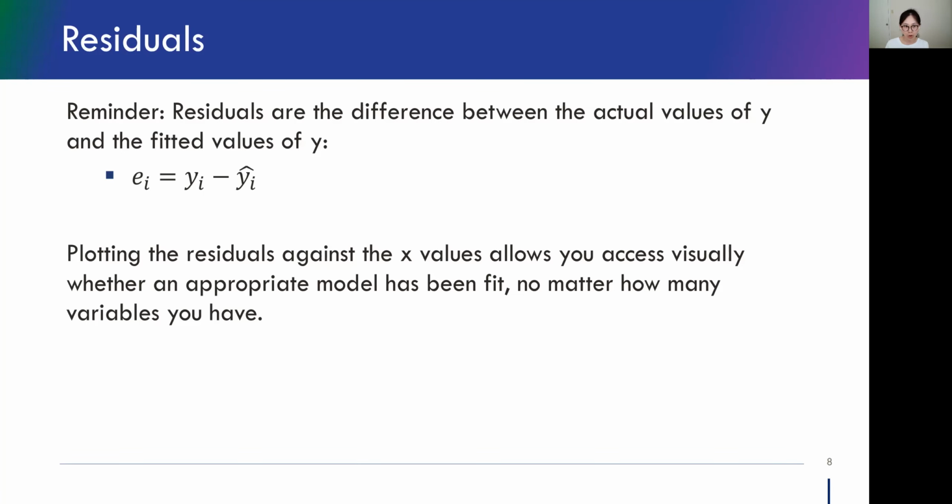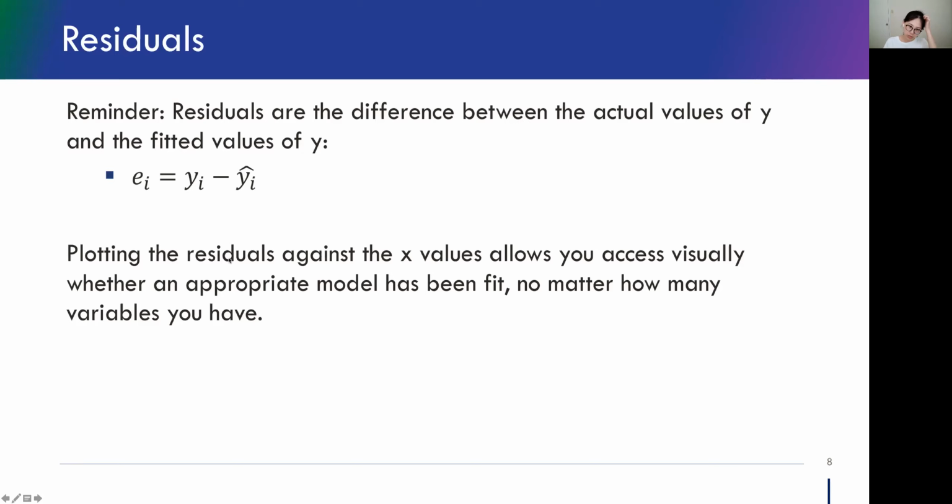So the first tool we are going to talk about for diagnostics is to look at the residuals of your model. If you remember, residuals are the difference between the actual value of Y and the fitted value, Y hat. So e_i, the residual, equals y_i minus the fitted value y_i hat.